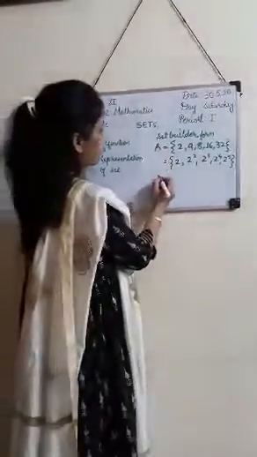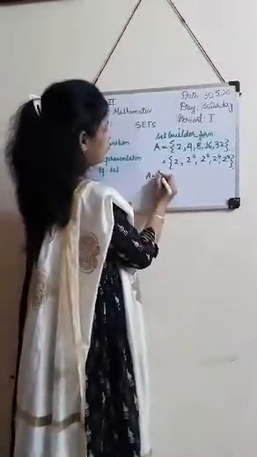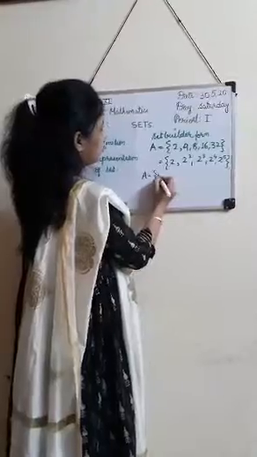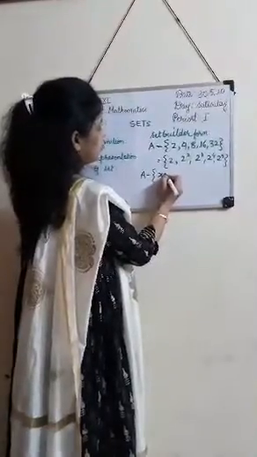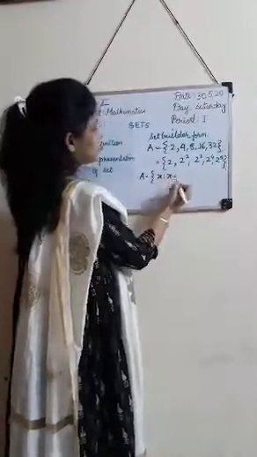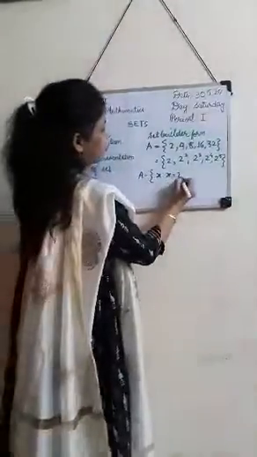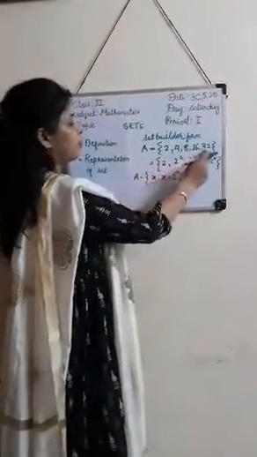Now how do we write this in set builder form? A is equal to x such that x is equal to 2 to the power n. Now what is n here? 1, 2, 3, 4, 5.